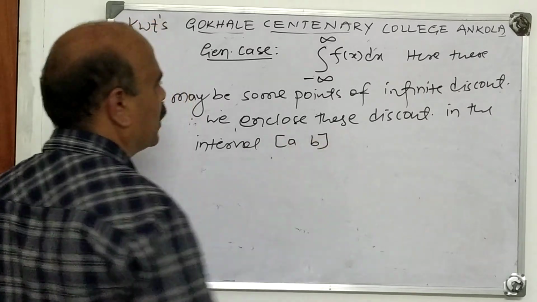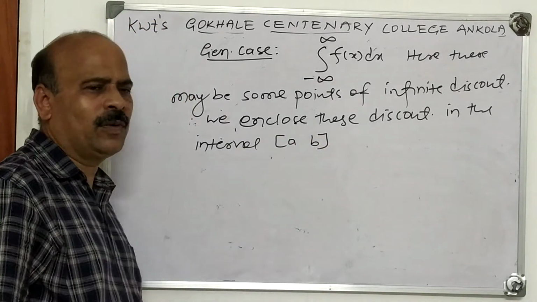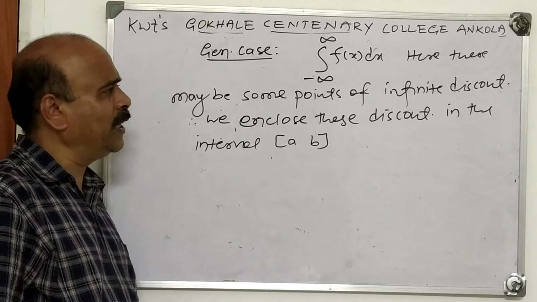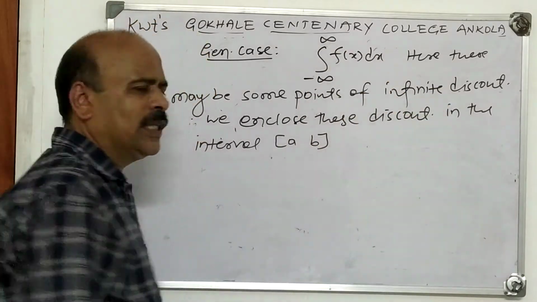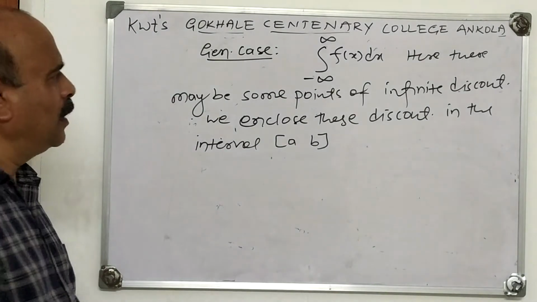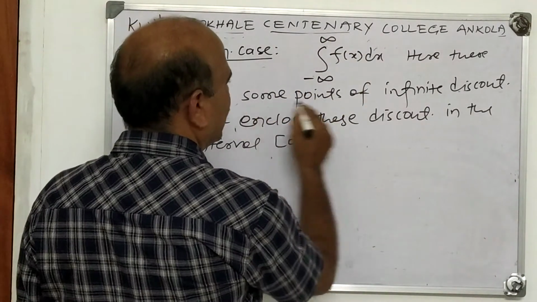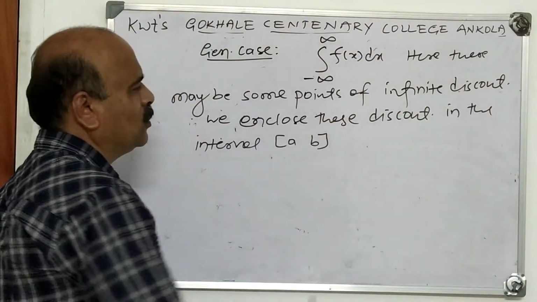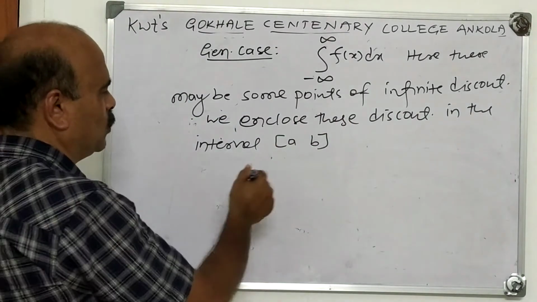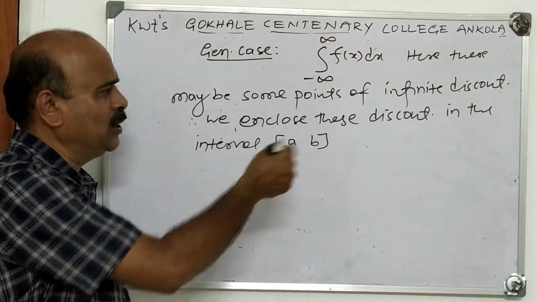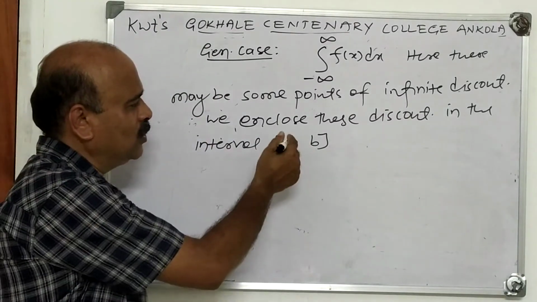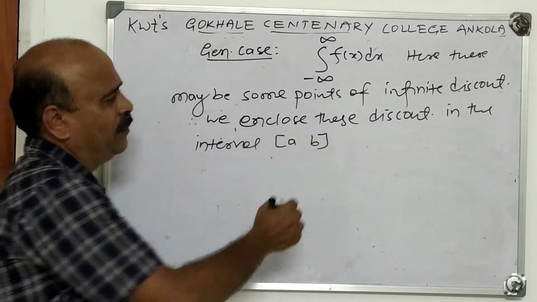So this is the general case. It is called mixed type of infinite integrals, because the range is infinite, also the function is unbounded. Range is infinite, it consists of some infinite discontinuities also. Then we enclose those discontinuities in an interval AB.